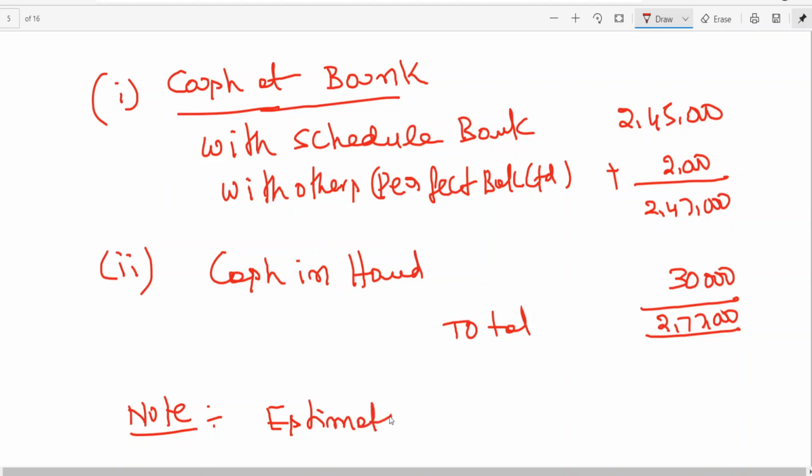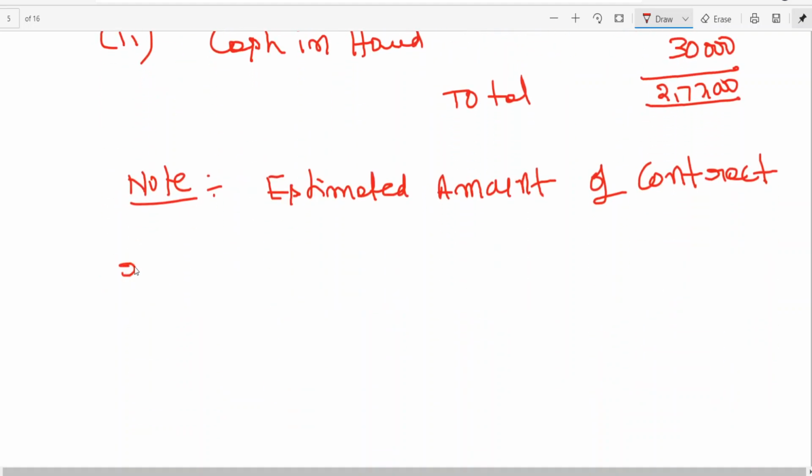Estimated amount of contract remaining to be executed, because the company had a contract for the erection of machinery which is still incomplete.